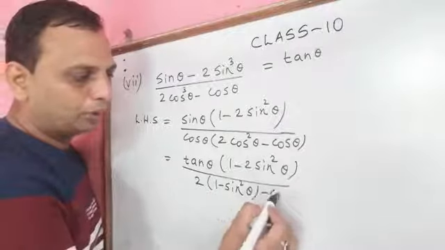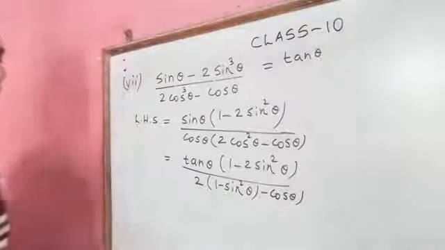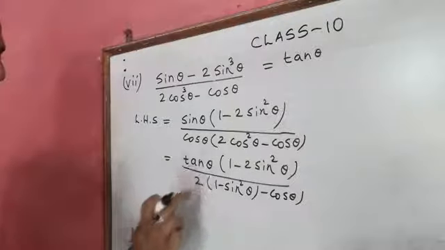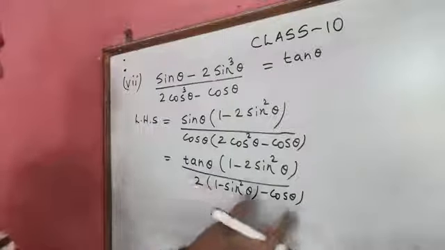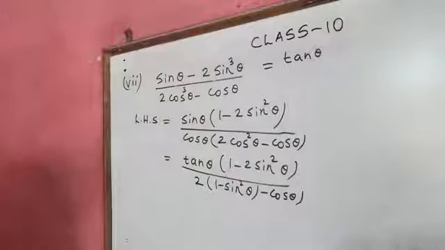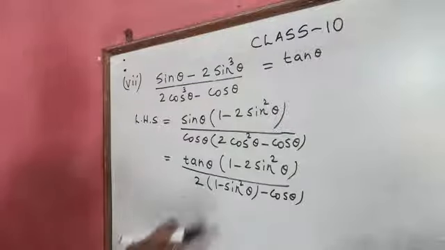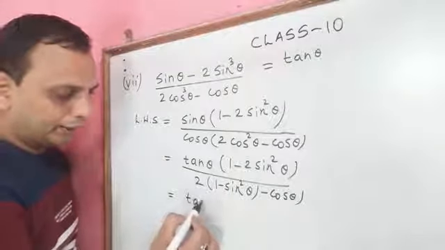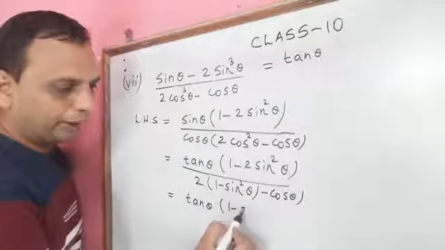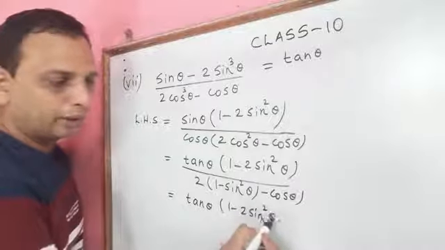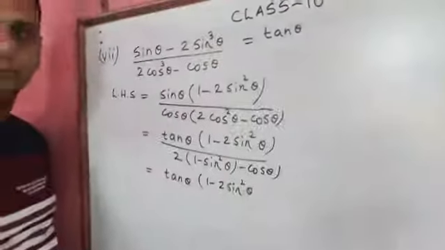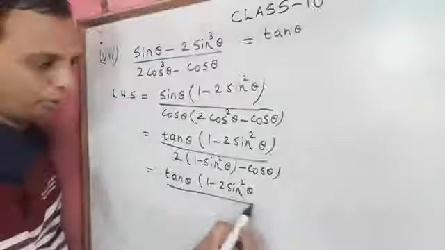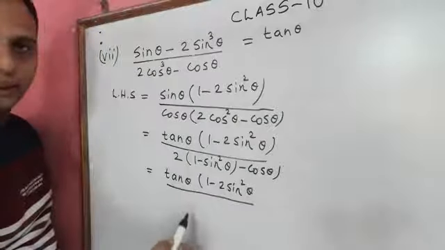So in place of cos square theta I have written 1 minus sin square theta. Now this 2 will multiply inside the bracket.